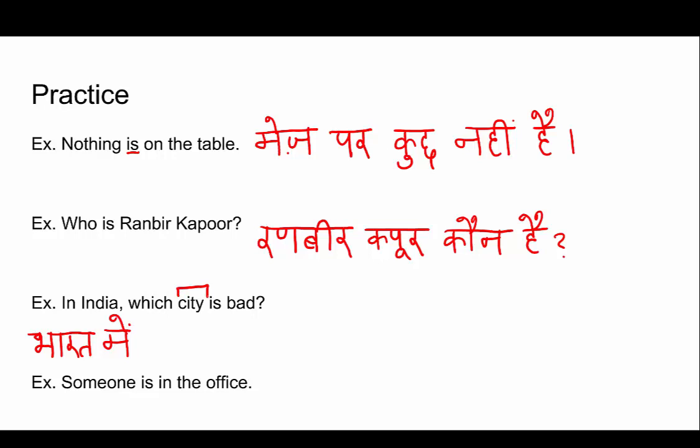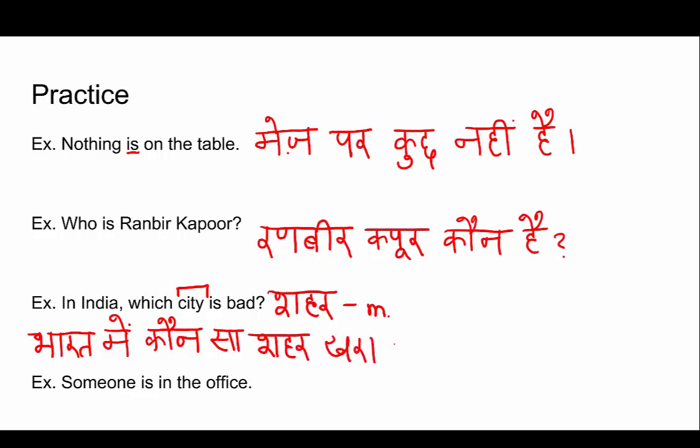Now we just have to know whether it's masculine or feminine in Hindi. The word for city in Hindi is sheher, and even though it is pronounced sheher, it is spelled shahar. It is a masculine noun. So, because it's singular, because it's masculine, we'd say kaunsa sheher. Kharab hai. Bharat mein kaun sa shehar kharab hai?